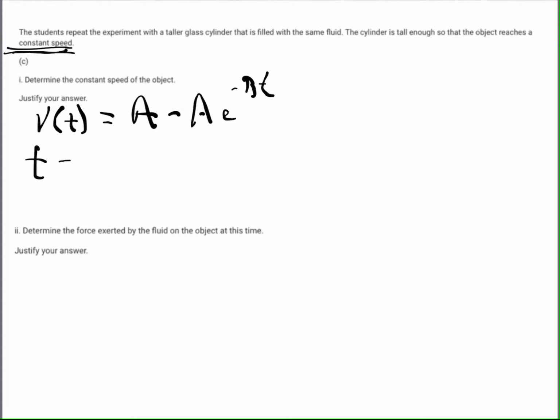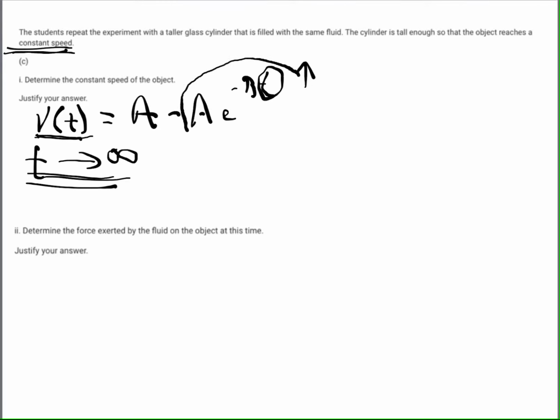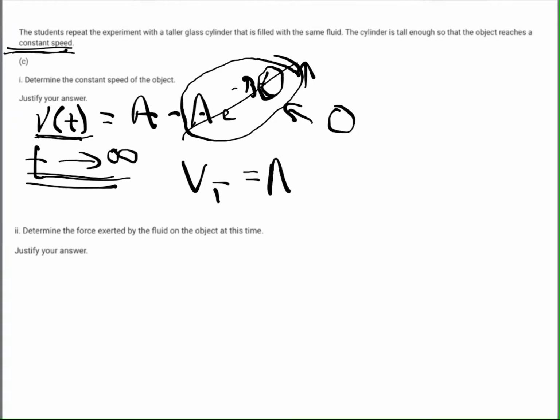Now, if I let t go to infinity, that will guarantee that we've reached terminal velocity. So if I let t go way up, this term gets very, very close to 0, which makes life easy, because then my v terminal, when this goes to 0, is just a.